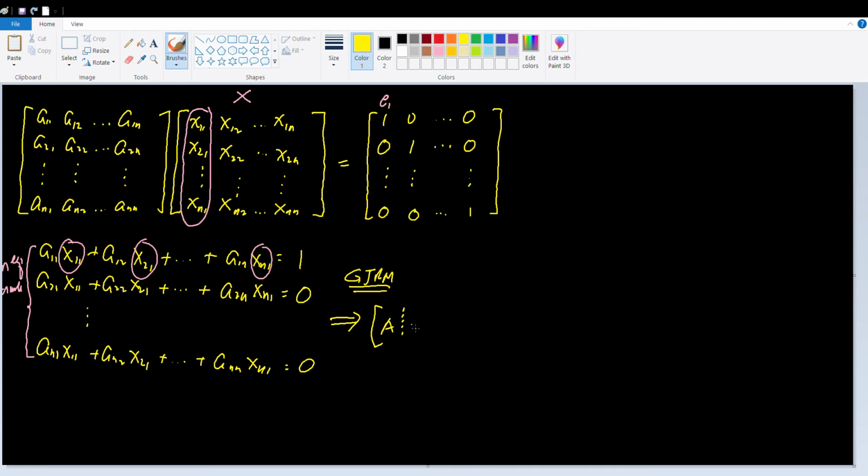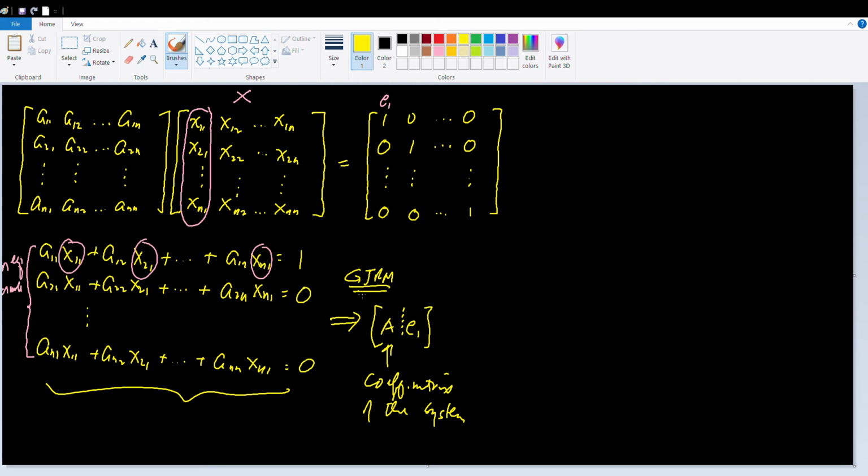Okay, so we append E sub 1, A being the coefficient matrix. This is our system, and this is the coefficient matrix.